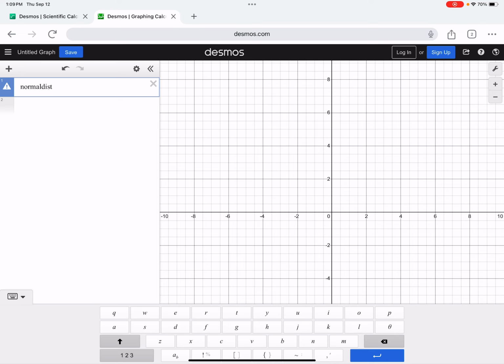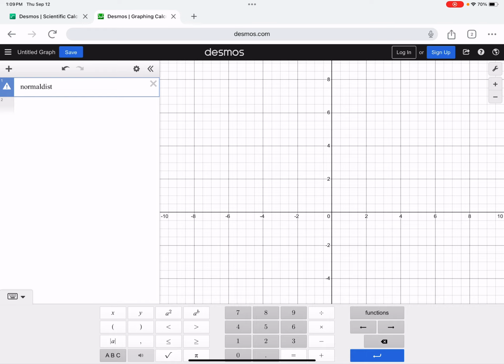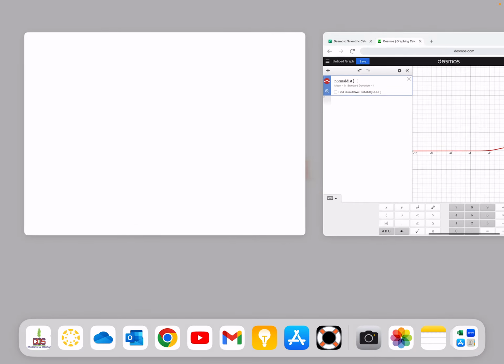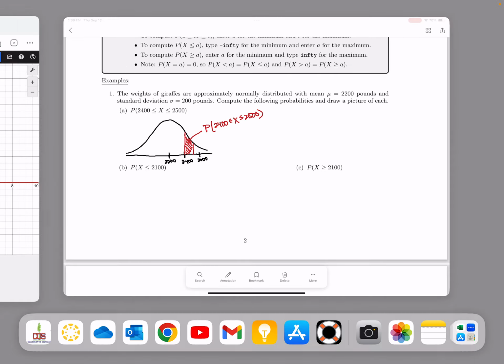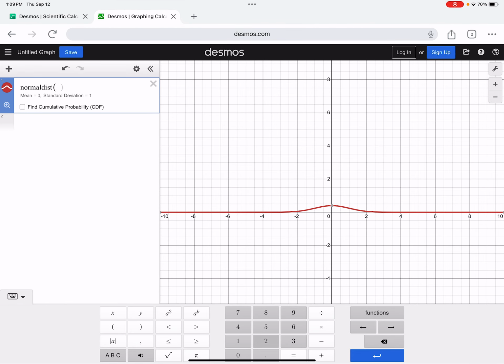And then we can put in whatever the value of the mean was. I think it was 2,200. Yes, the mean was 2,200 and the standard deviation was 200. So we'll put in 2,200 for the mean, and then comma, and then 200 for the standard deviation.